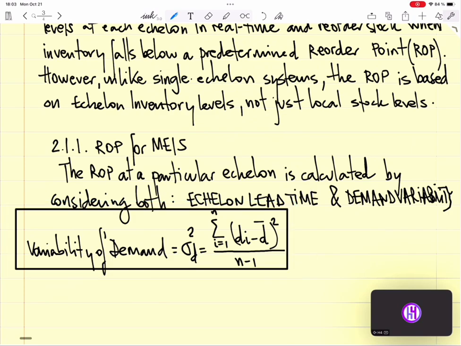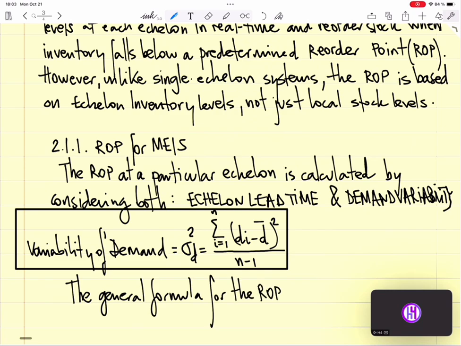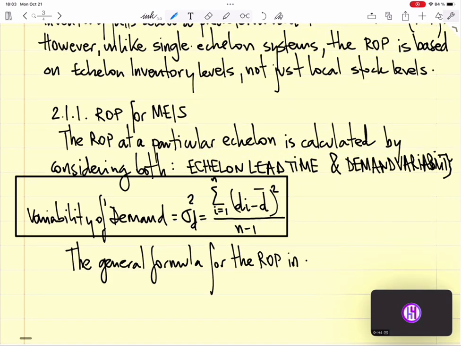So the general formula for the ROP in a multi-echelon inventory system is ROP sub E, meaning in the echelon, equals demand times lead time plus safety stock for the echelon.